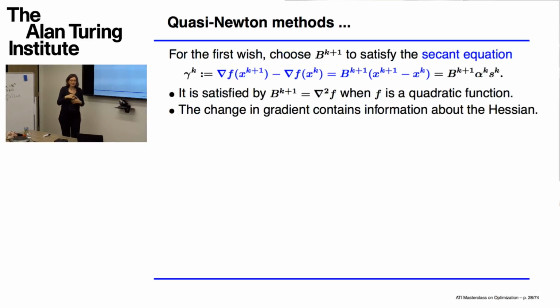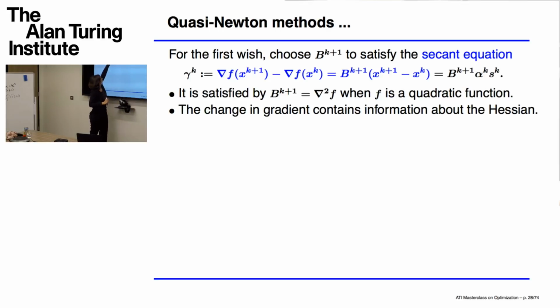So I want to find out how I should calculate my B_{k+1}, given B_k, my x_k, my direction s_k, and my next guess x_{k+1}. What we try to do is construct B_{k+1} so that it matches the change in gradient. So B_{k+1} applied to the change in the point values matches the change in gradient.